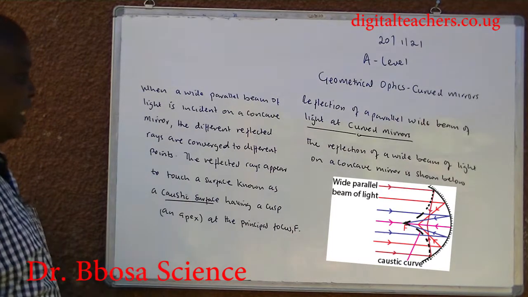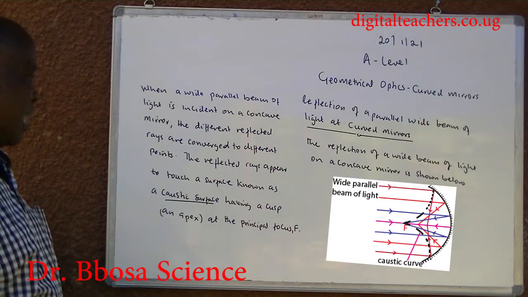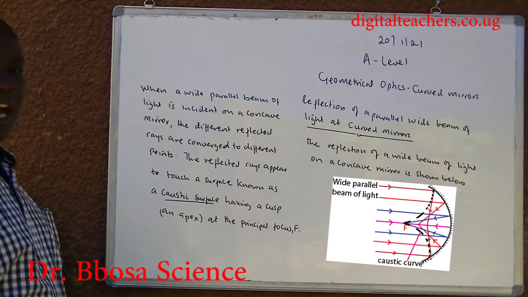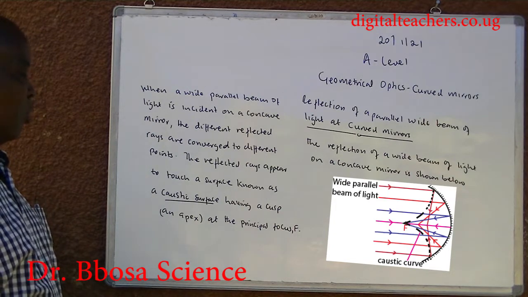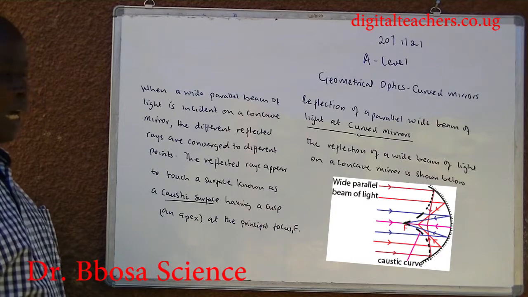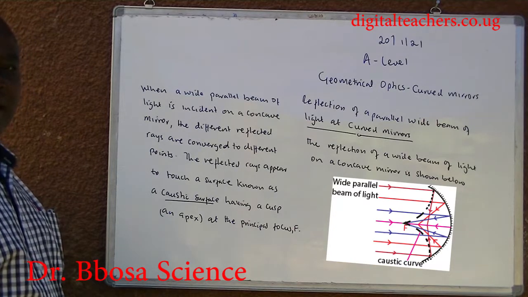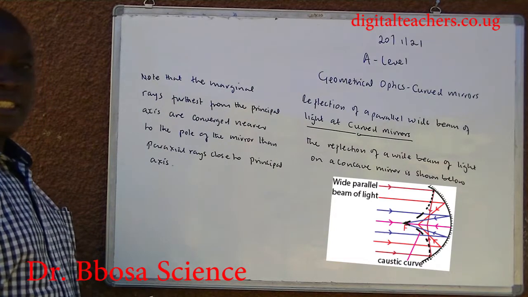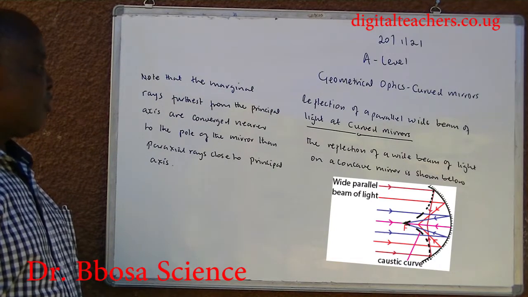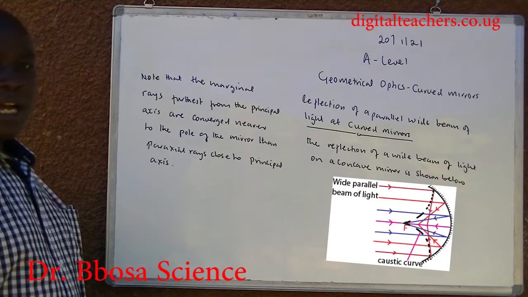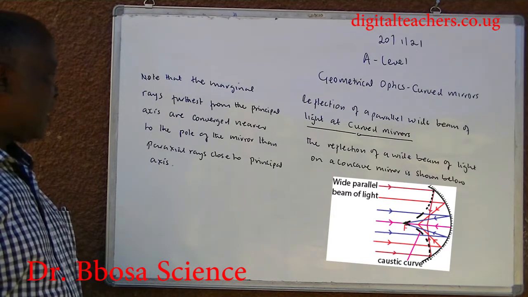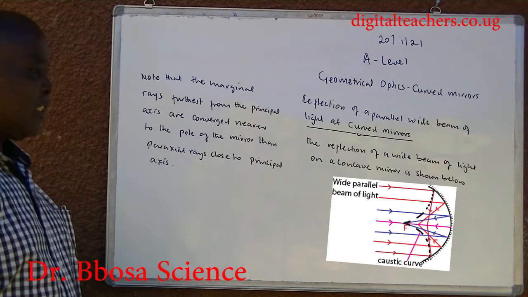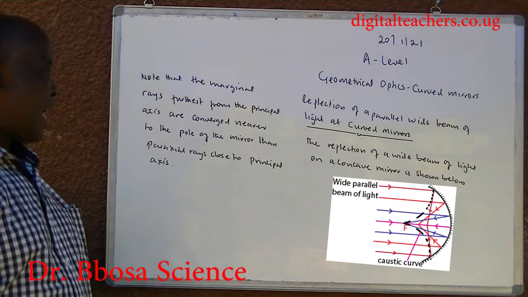The reflected rays appear to touch a surface known as a caustic surface, having a cusp or an apex at the principal focus F. Note that the marginal rays farthest from the principal axis are converged nearer to the pole of the mirror than paraxial rays close to the principal axis.